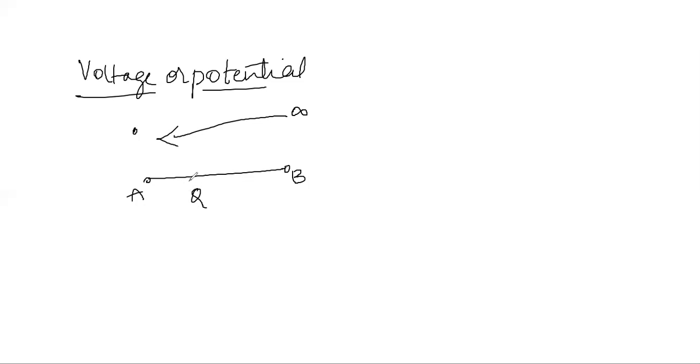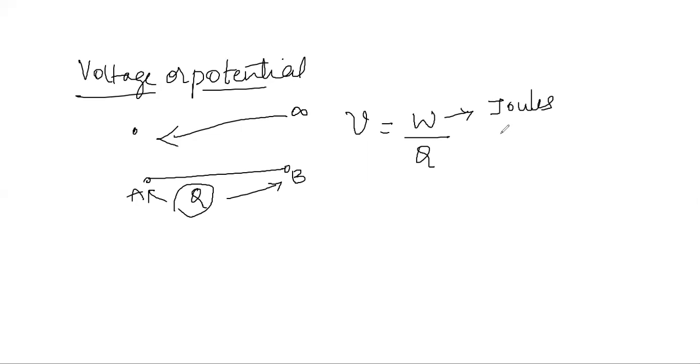So potential difference V is expressed as work done by charge. Work done or the energy we usually express in joules and the charge is expressed in coulomb and the voltage is expressed in volts.